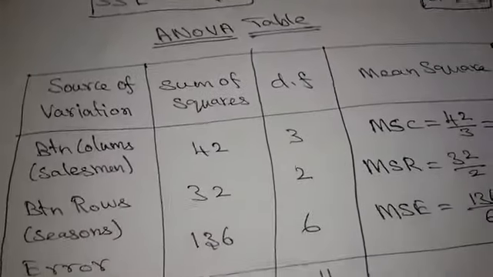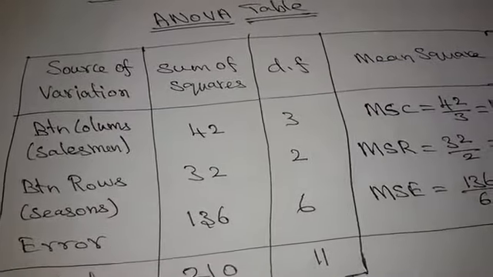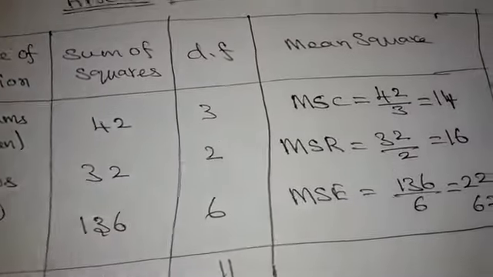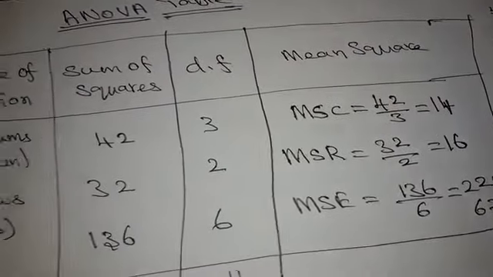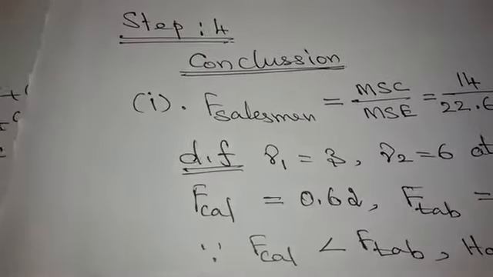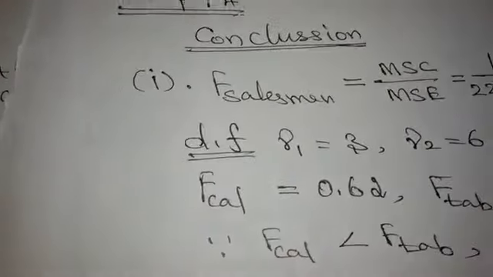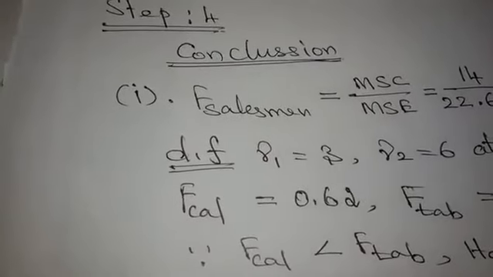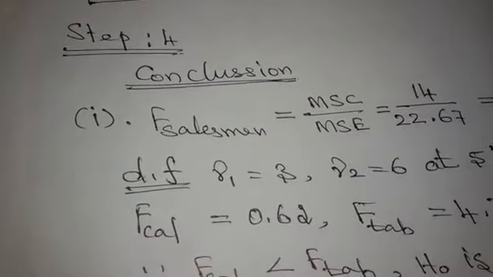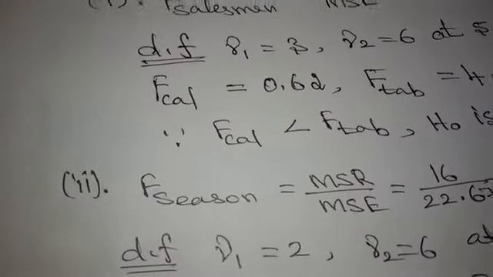Then finally you put all the values in the ANOVA table and you find MSC, MSR, MSE. Then step 4, you have to calculate the F ratio using the formula MSC divided by MSE and MSR divided by MSE.